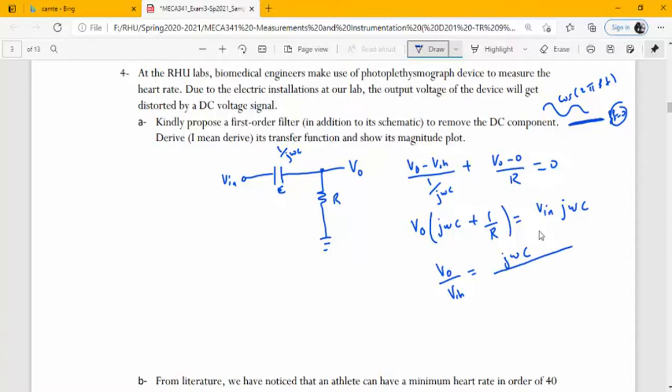We can multiply by R, so we get R j omega C over R j omega C plus 1. So this is the transfer function.